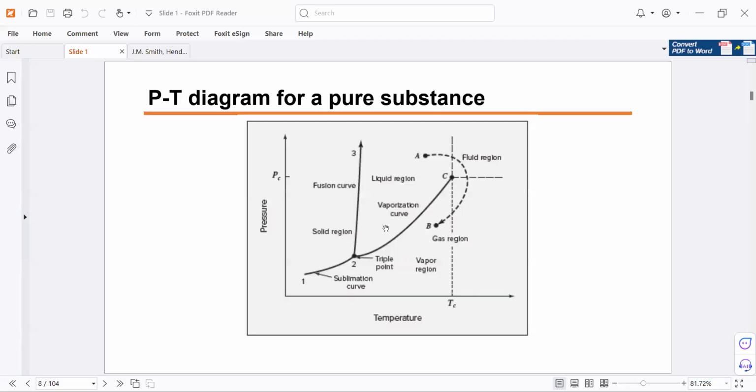So let's try to track the critical point from the curve to C. From the triple point to point C, that would give us the vaporization curve. On the vaporization curve, we have an equilibrium of liquid and vapor.